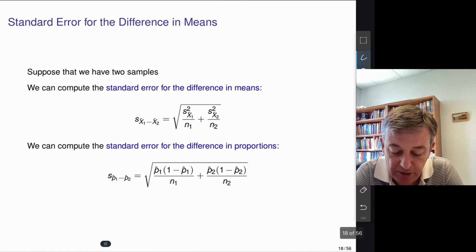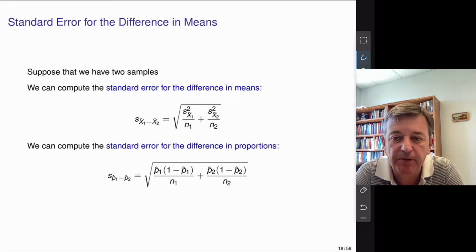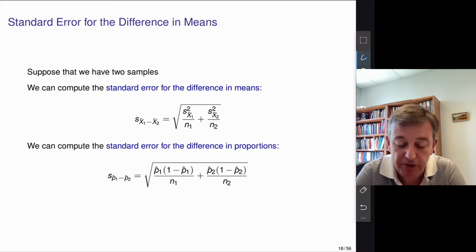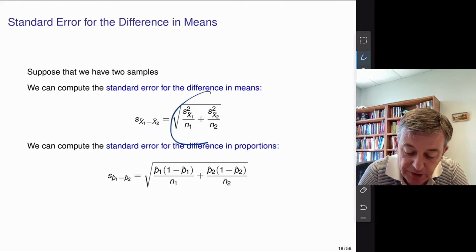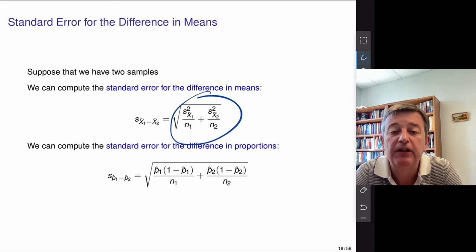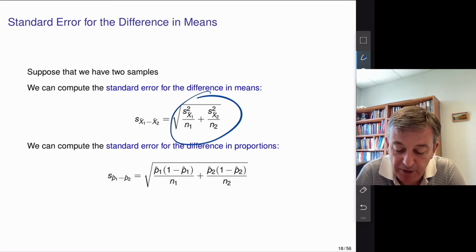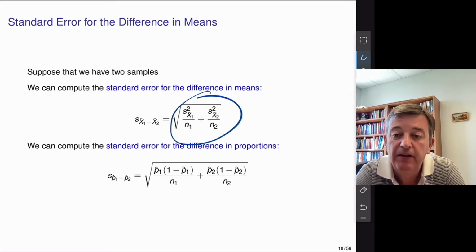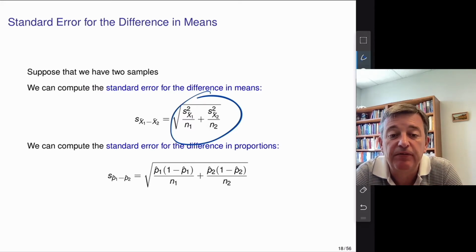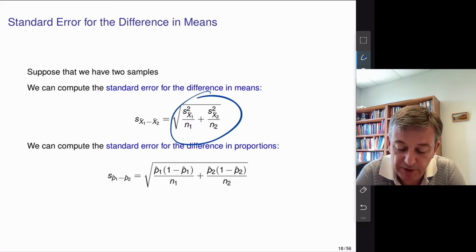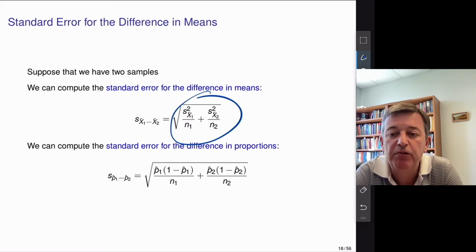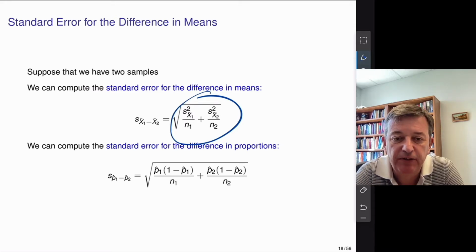So let's look at the standard error for a difference, because this is going to be the beginning of A/B testing for us. If I do the standard deviation of two averages, it'll look something like this. Remember, variance under independence will sum. So if I've got the variance of x1 bar plus the variance of x2 bar, then I take the square root, I get the standard deviation of the difference.